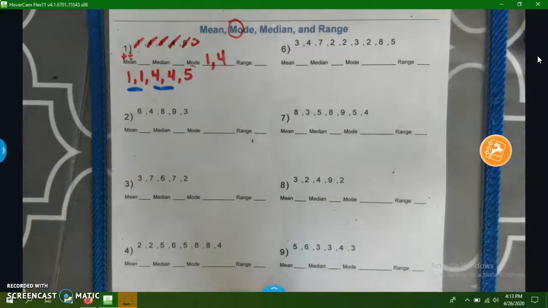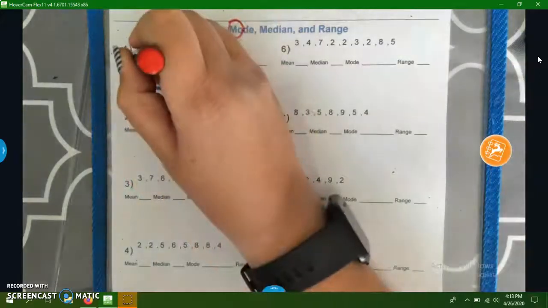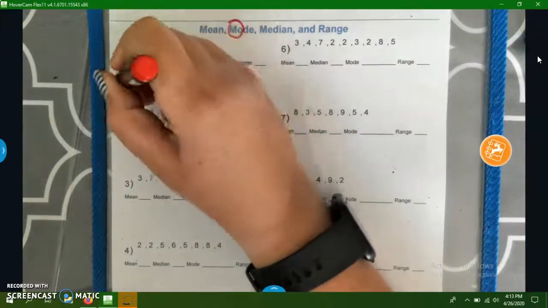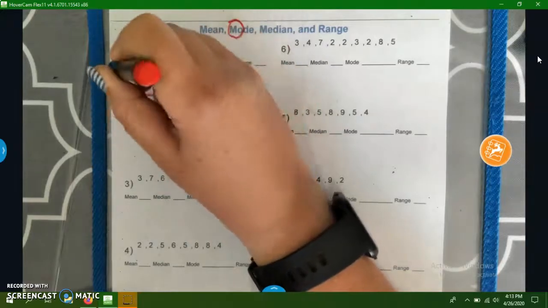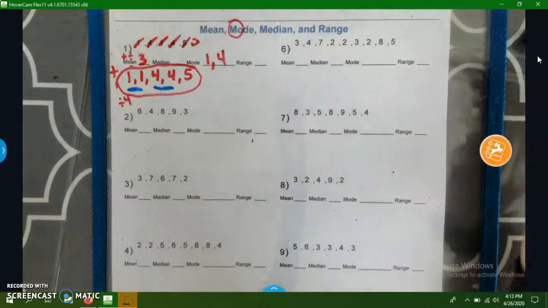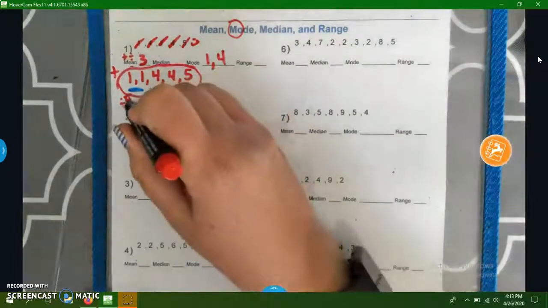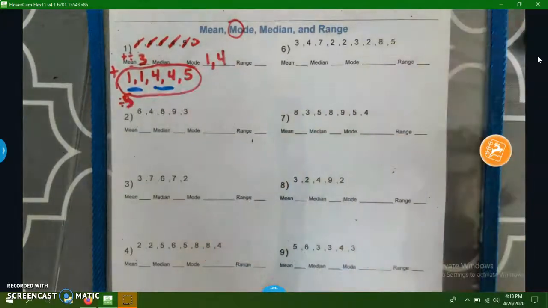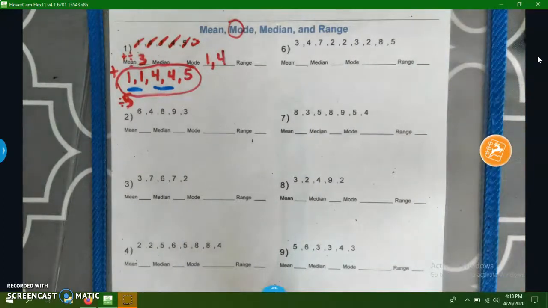Then I'm going to divide by however many equal groups I want to make. Since there are 5 numbers, I'm going to divide by 5. That gives me a mean of 3. So again, we added together all of our numbers, and then we divided by 4 to get the mean. I'm sorry, divided by 5, because there's 5 numbers. My bad, sorry.